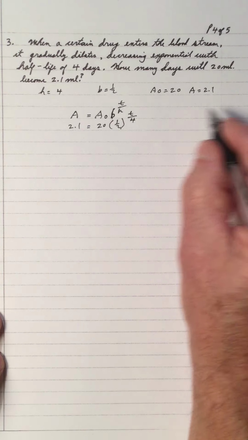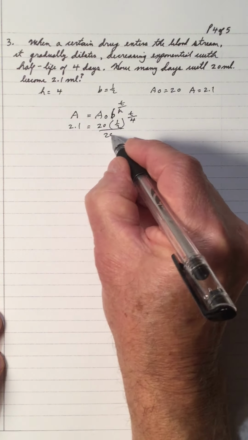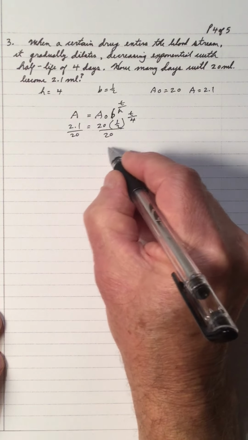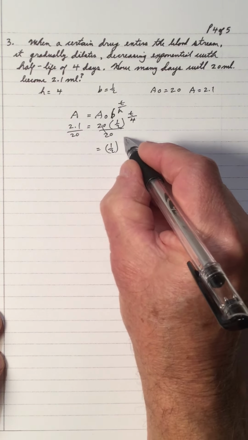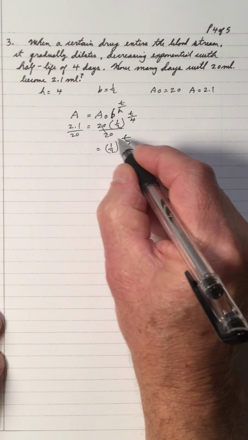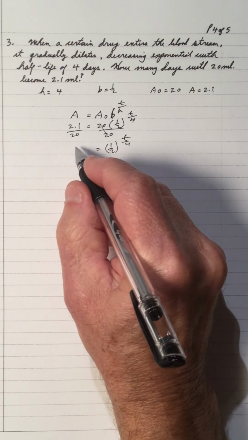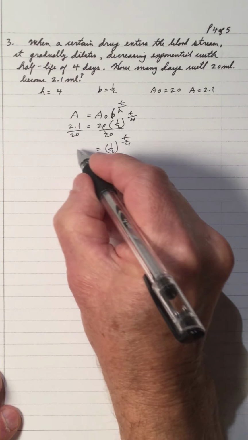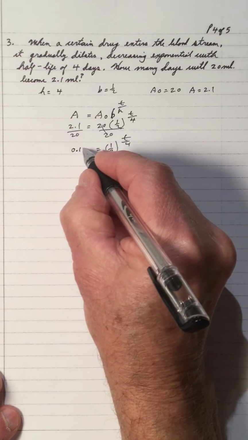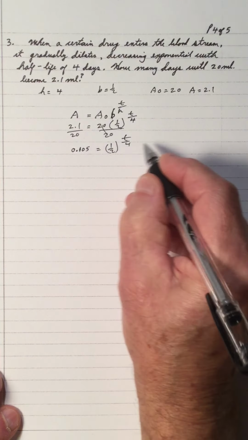Now, to solve this, let's divide by 20. We want to isolate the exponential. So this is 1/2 to the t over 4, and this is 20. 2.1 divided by 20 is 0.105 if you use your calculator.